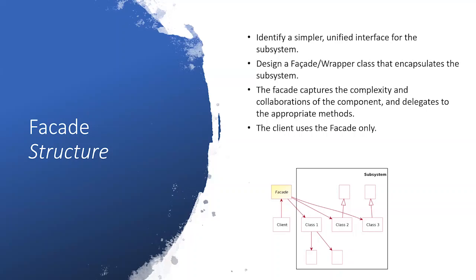Facade is kind of a black box, and it will have the interface ready to use for the clients, and the client should only know what to pass and what to get. Exactly. Any library which you are using, whether it is an SDK library or an NPM library, those are also kind of facade objects. They expose a simple class or function from which you can implement your own logic.